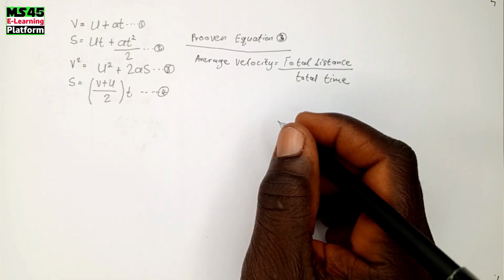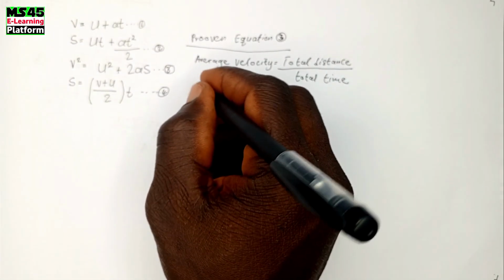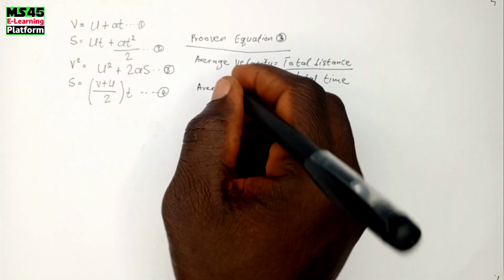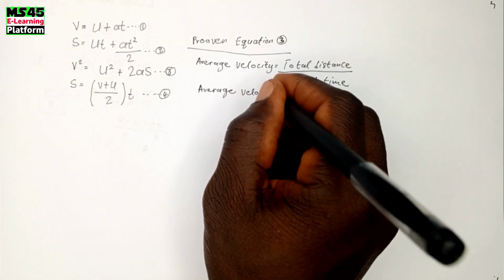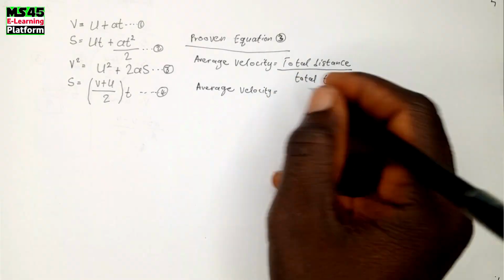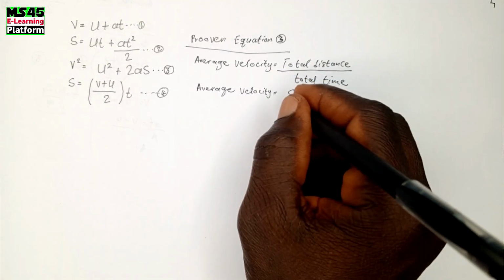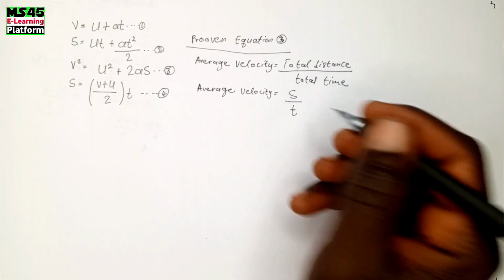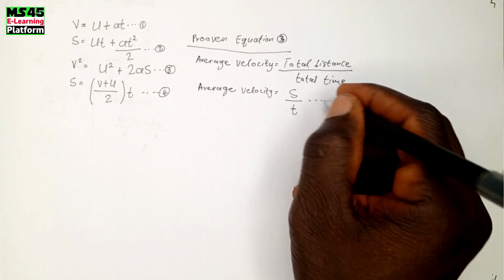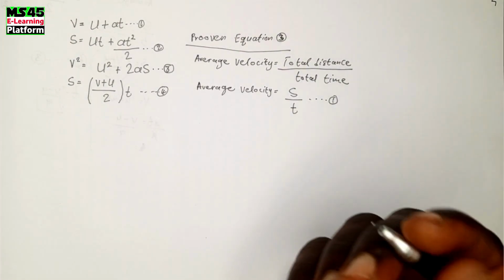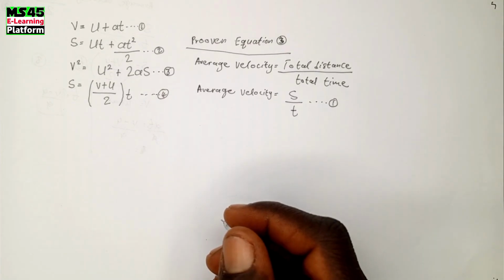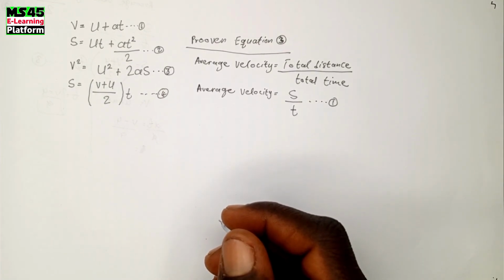So mathematically, average velocity can be expressed as distance over time, right? So let us name this equation 1. And in most cases, when the final and the initial velocity are given out, you can find their average.